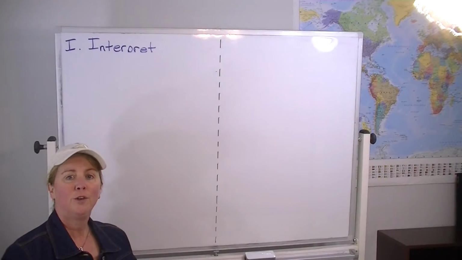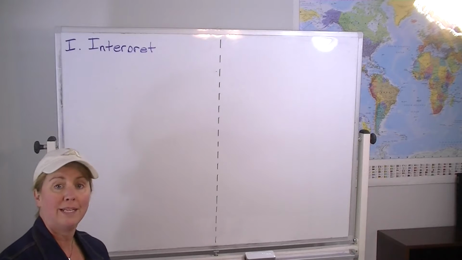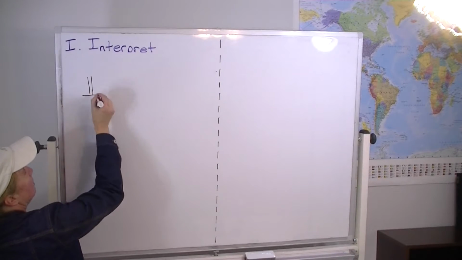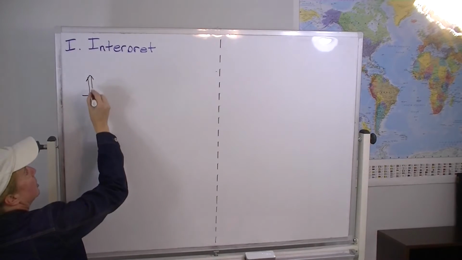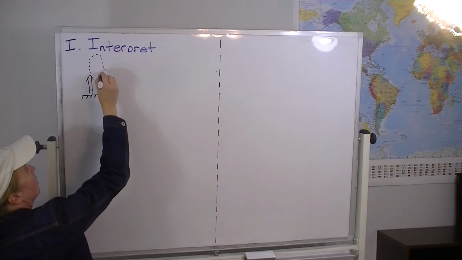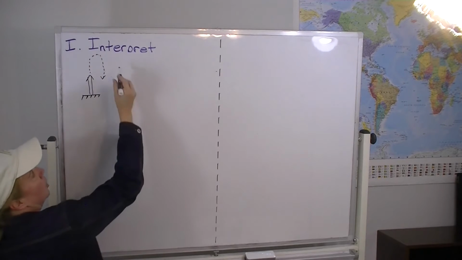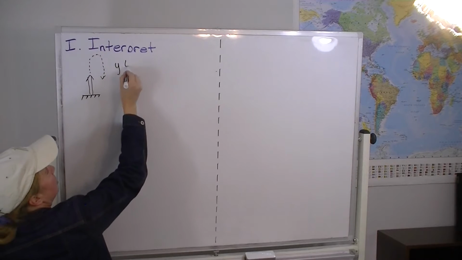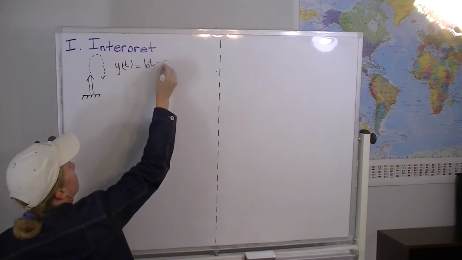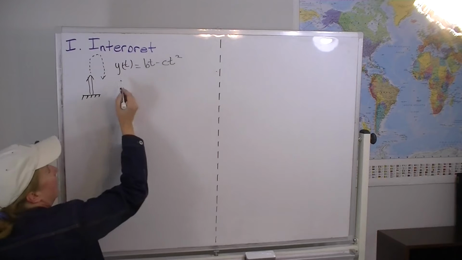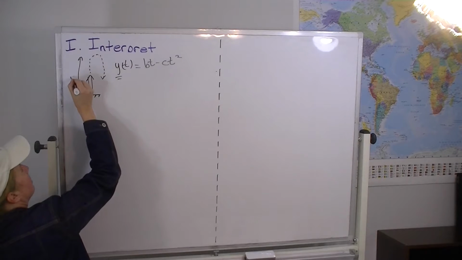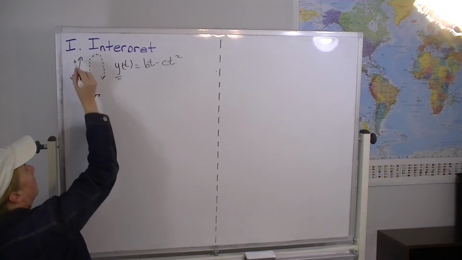Do it. The first step in the IDEA problem-solving format is to interpret, which typically involves drawing some sort of sketch. Simple, but accurate. We're launching a rocket upward from the ground. It's going to go up, up, up, up, and at some point turn around and come down. We are given the equation for the position as a function of time equals bt minus ct squared. The position is y, so we're going to have this be our y-axis with the positive direction going up.